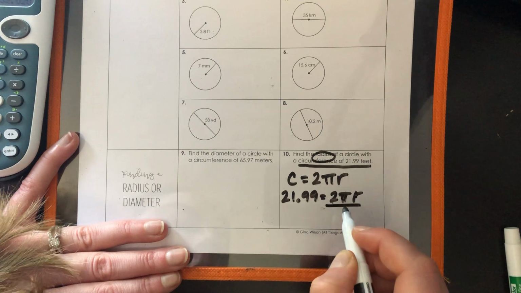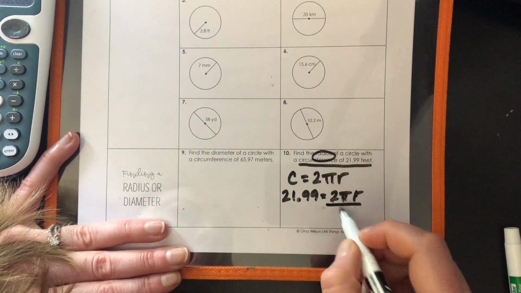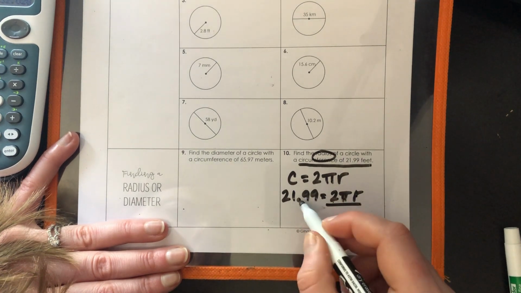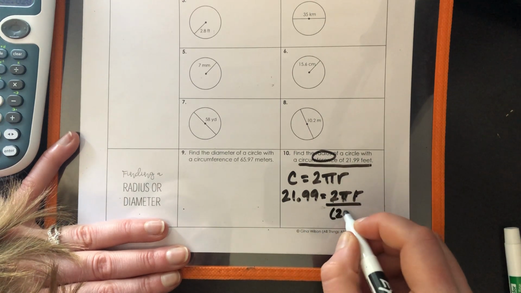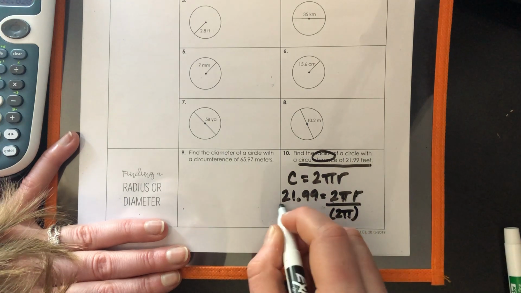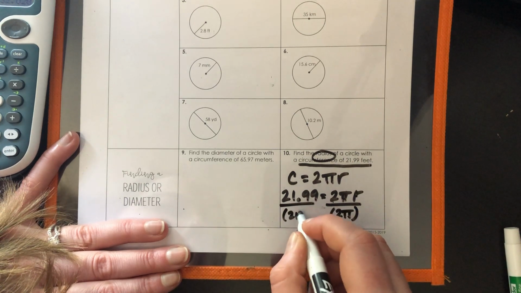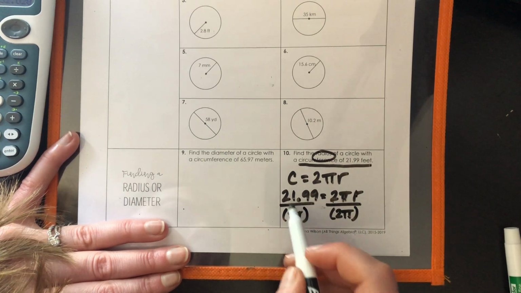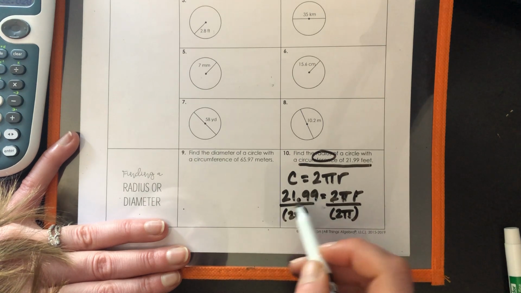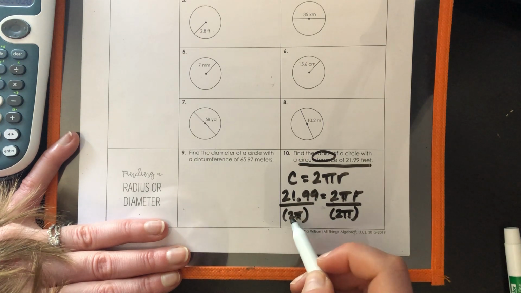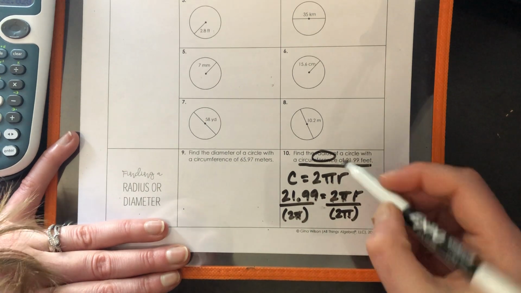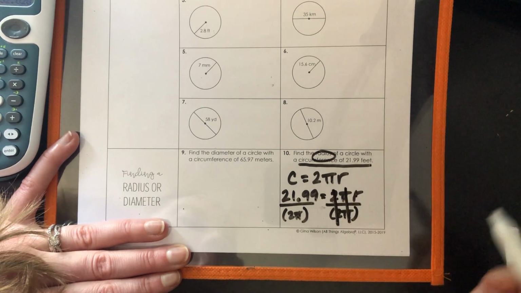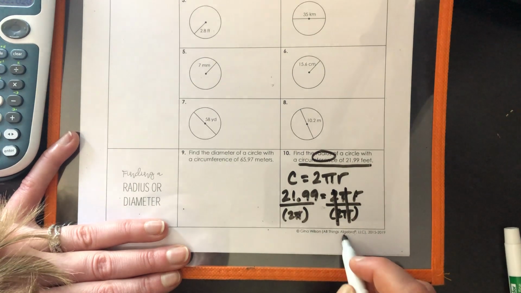So to undo that, I can divide by 2 and then divide by pi. Now, if you do both at the same time, let's say you divide by 2 pi, make sure in your calculator that if you do both at one time, you do 21.99 divided by parentheses 2 pi, close parentheses, because of the order of operations that happens on your calculator. So this cancels.